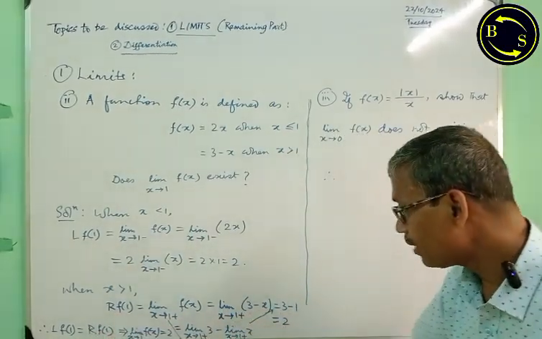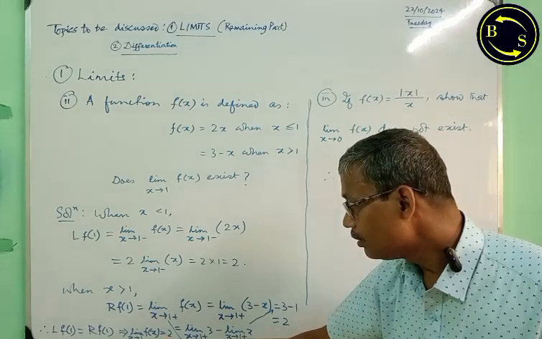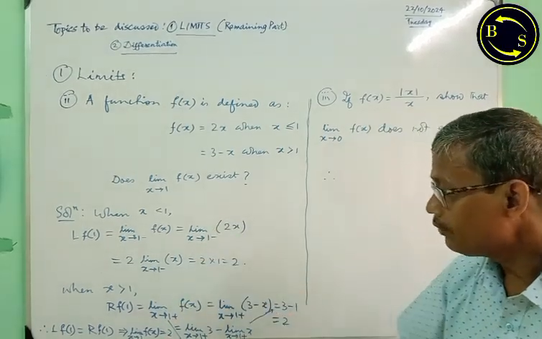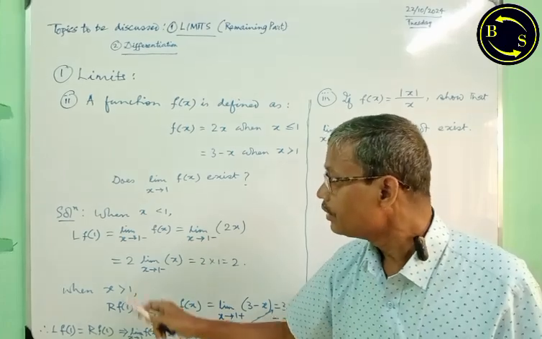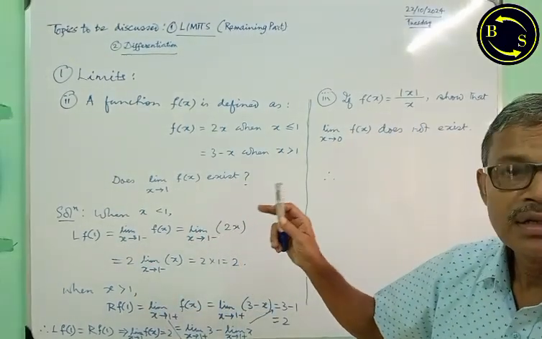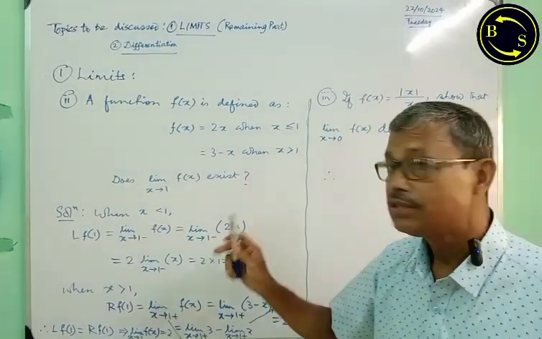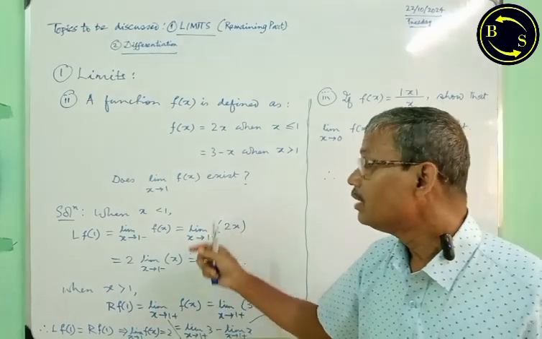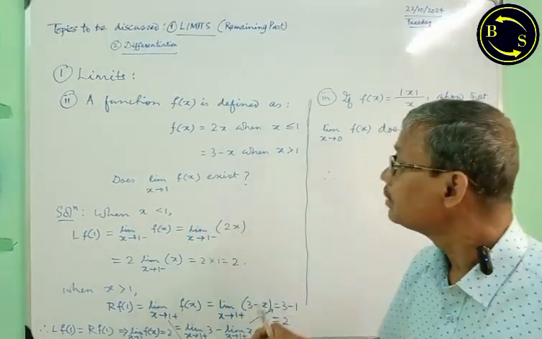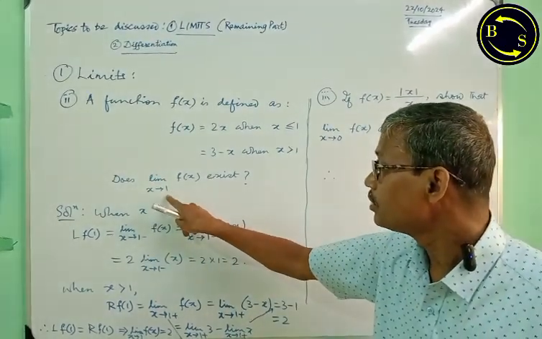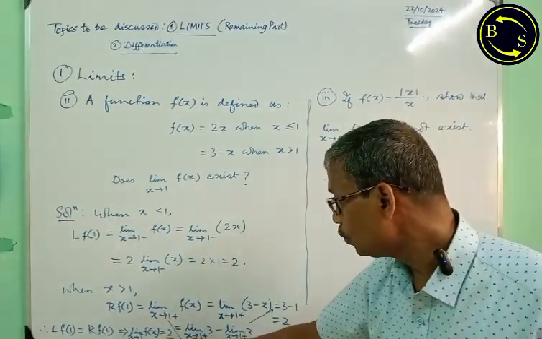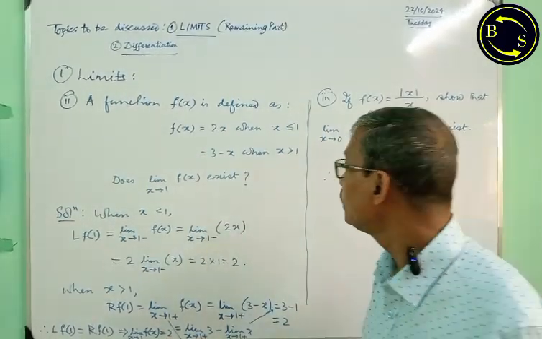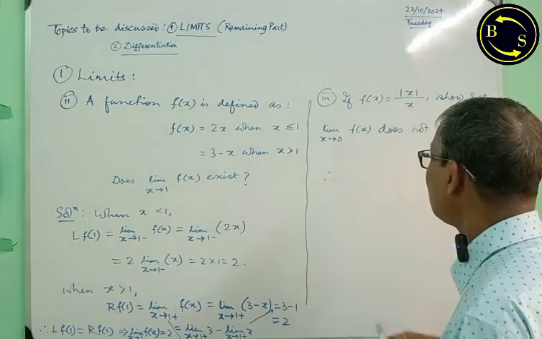We have calculated and got the same value. Therefore, L f 1, R f 1 both are finite and equal. Therefore, as per the condition of existence of limit, we conclude that limit x tends to 1 f x exists and the value will be 2. This sum is finished. Now let us come to this problem.